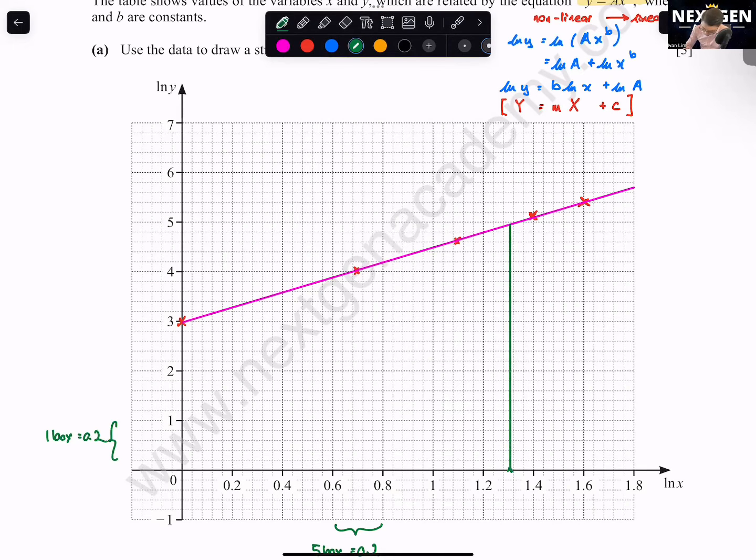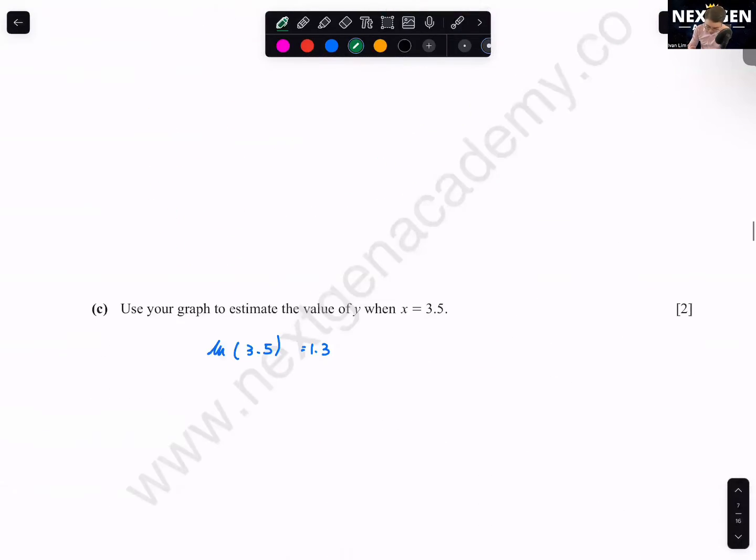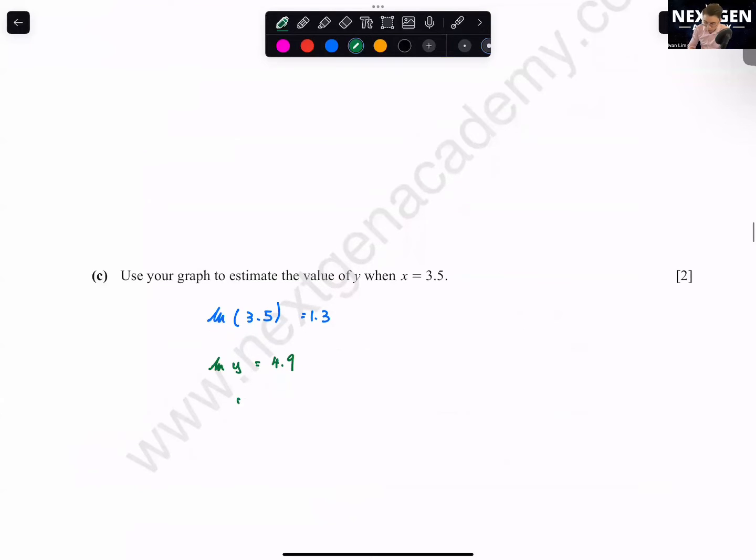Then you compare on your graph here. Let's see what this value is. Let's just say this is 4.9. So my ln y is equal to 4.9, where y is equal to e to the power of 4.9. y is equal to 134.